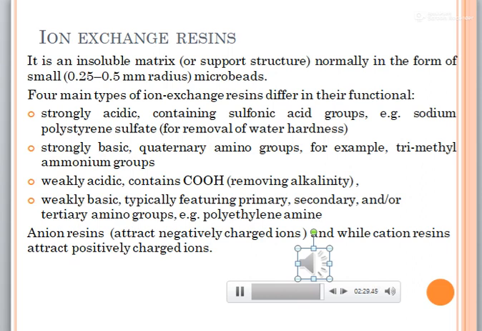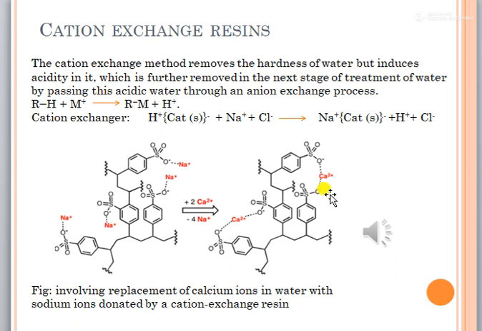Furthermore, the sodium rather than the hydrogen form of the cation exchange resin is used. The cation exchange method removes the hardness of water but induces acidity in it, which is treated in the next stage by passing this acidic water through another anion exchange process.